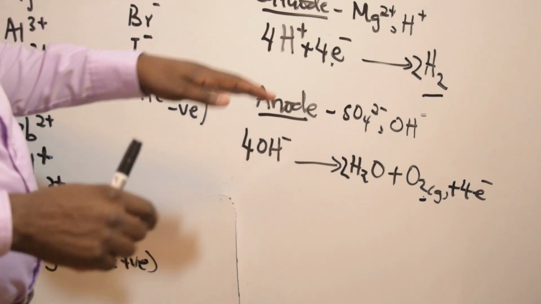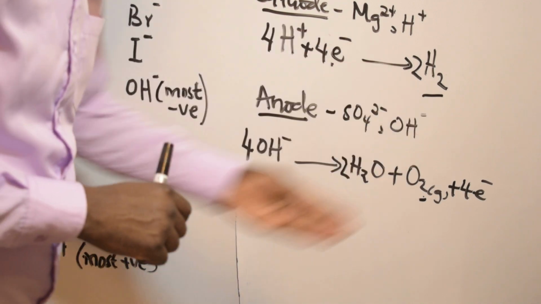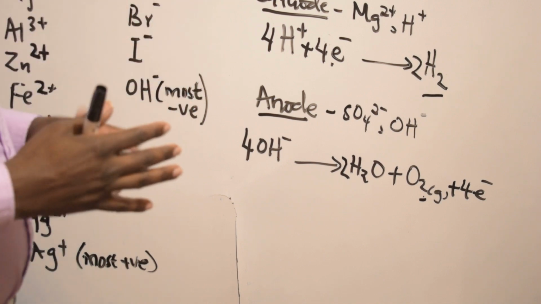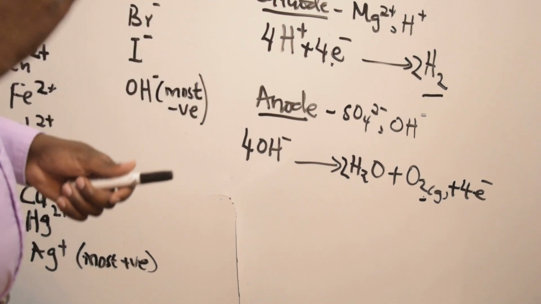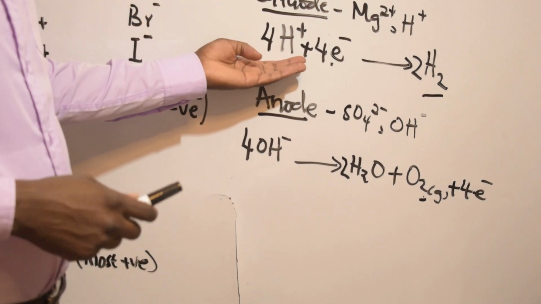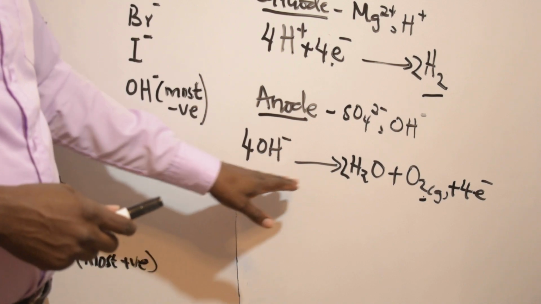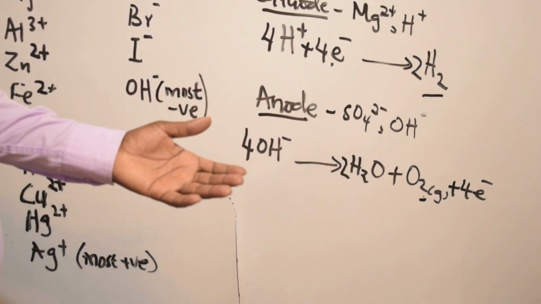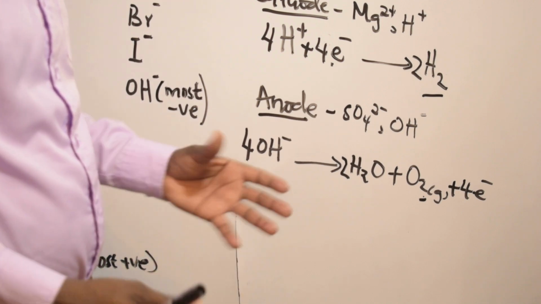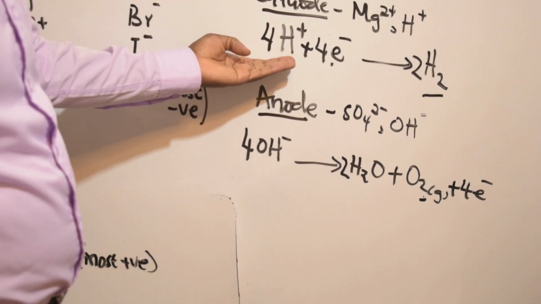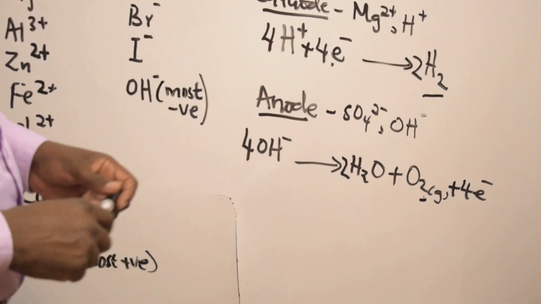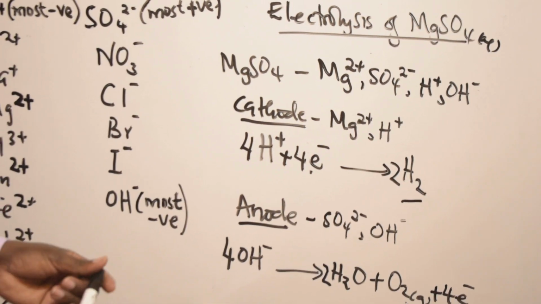That means the neutrality will be maintained. In a scenario where hydrogen ions are discharged while hydroxide ions remain, the solution becomes basic. In a scenario where hydroxide ions are discharged while hydrogen ions remain, the solution becomes acidic. That is what we are talking about.